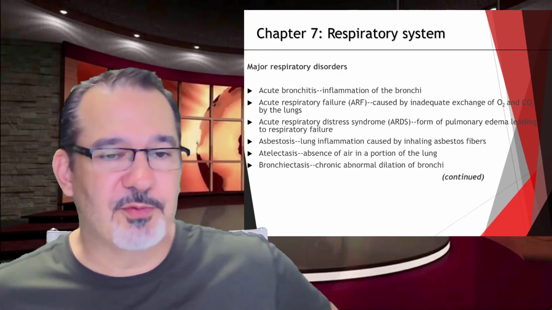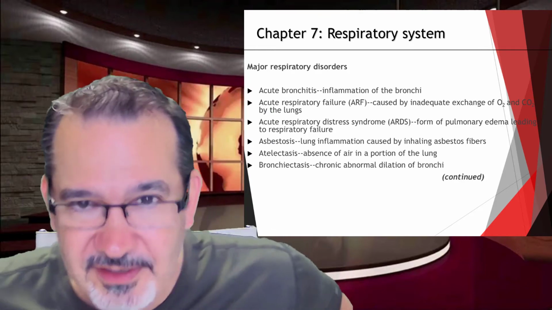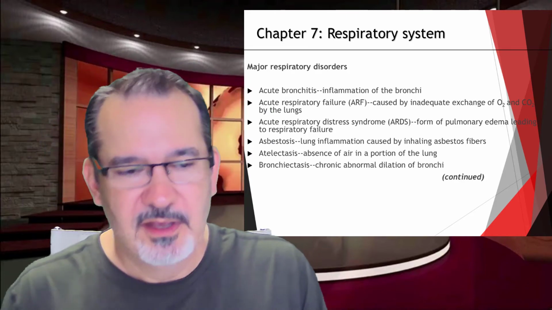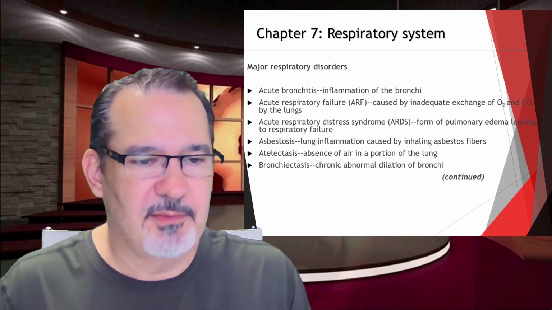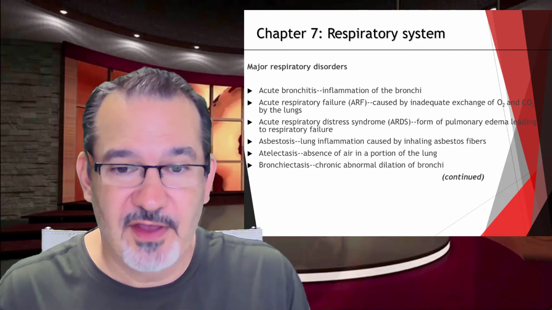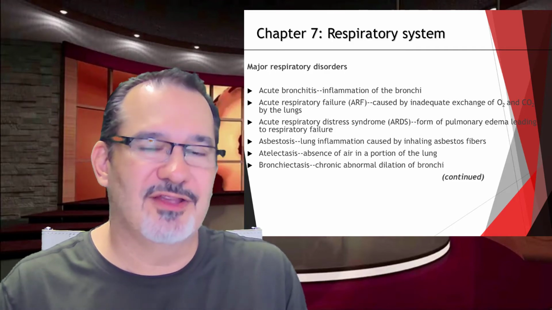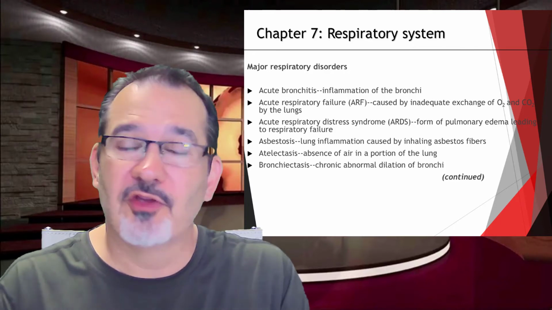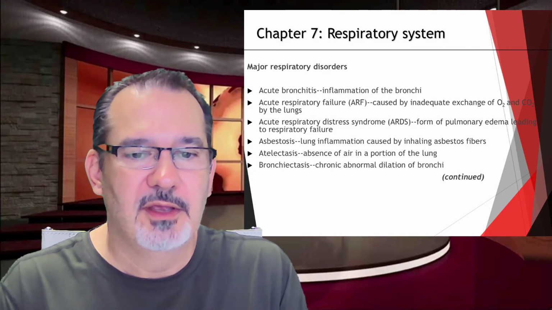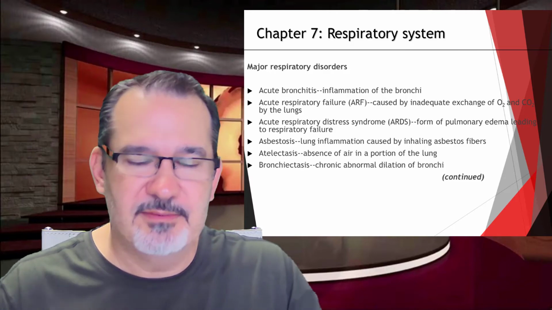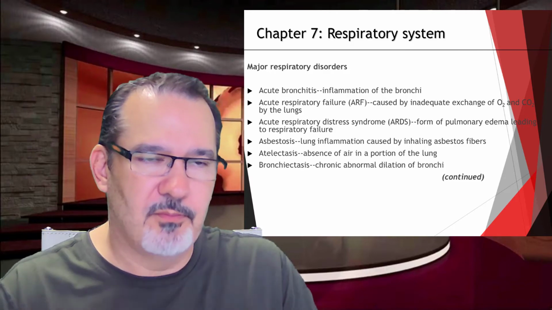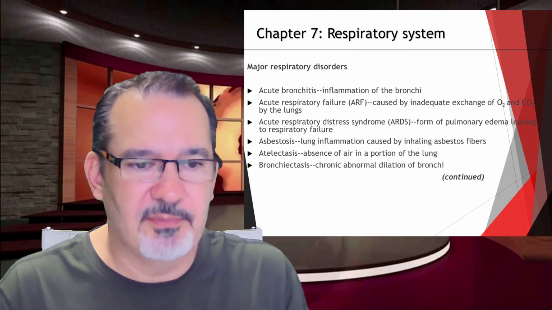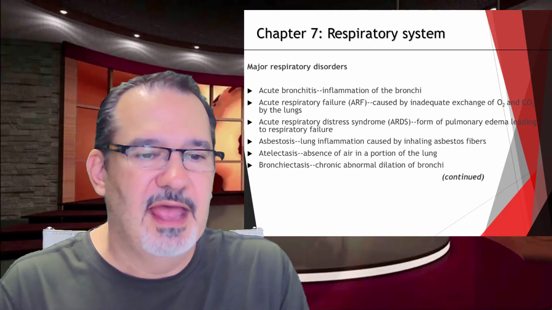Okay, respiratory disorders, acute bronchitis, inflammation of the bronchi, okay, very common to see. Acute respiratory failure caused by an inadequate exchange of oxygen and carbon dioxide. Okay, acute respiratory distress syndrome, it's a form of pulmonary edema, pulmonary fluid buildup leading to respiratory failure.